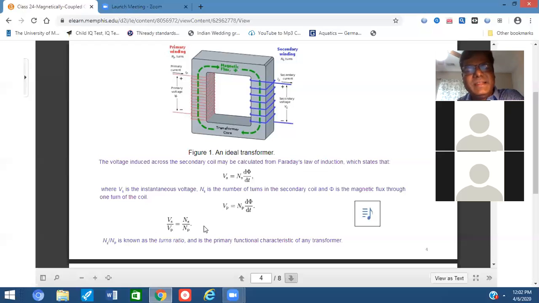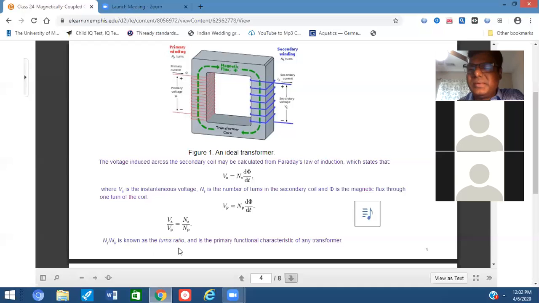This clearly shows that the voltage relationship between the primary and secondary side depends on the number of turns of the primary and secondary coils. At last I have written that Ns/Np is known as the turn ratio. Everybody, note this down today.